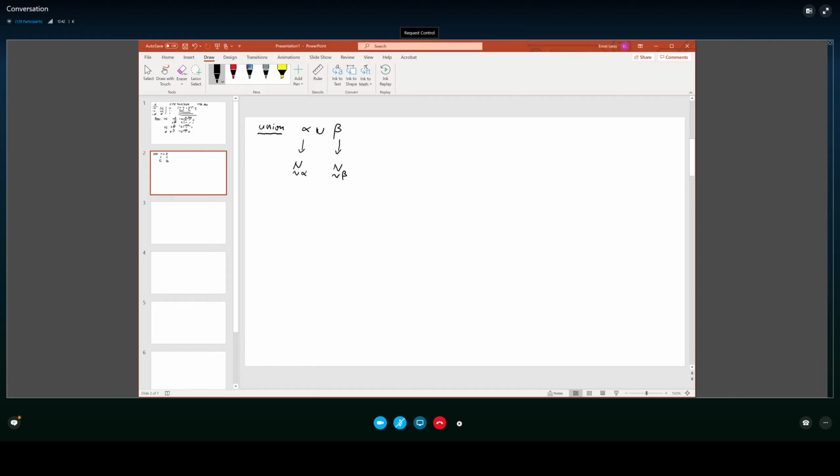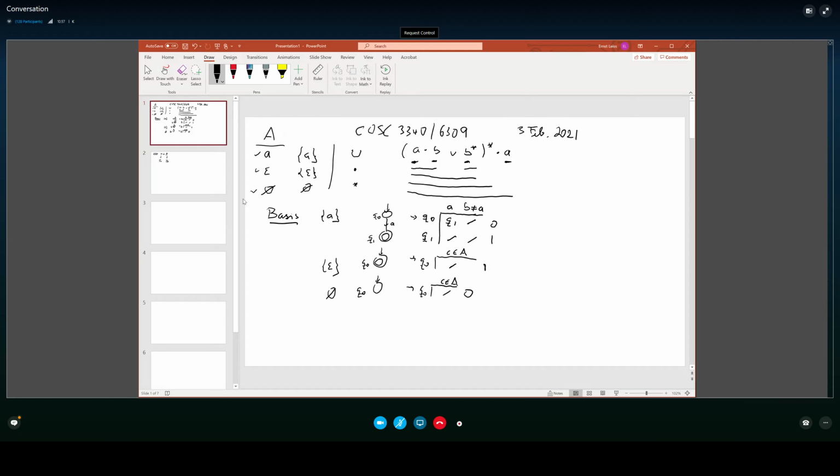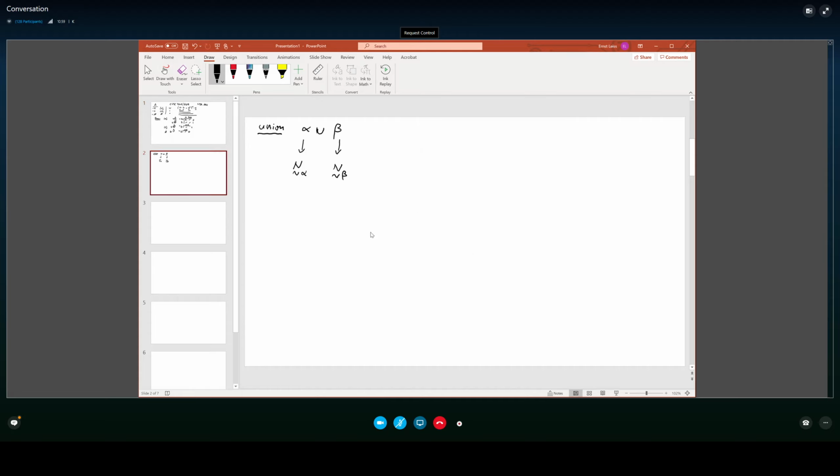Somehow we got that. That's, of course, the beauty of inductive constructions. You have a basis, and then you have the inductive steps, in this case 3, one for the union, one for the concatenation, and one for the star. And once you have completely specified those 3 inductive steps, you basically have a mechanism for constructing a non-deterministic finite automaton for any regular expression.